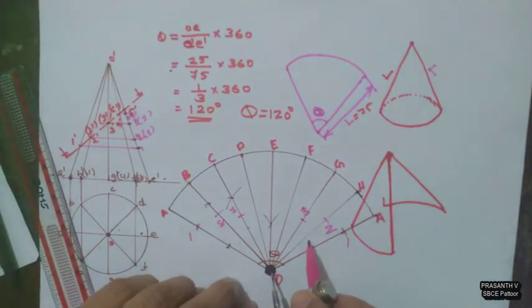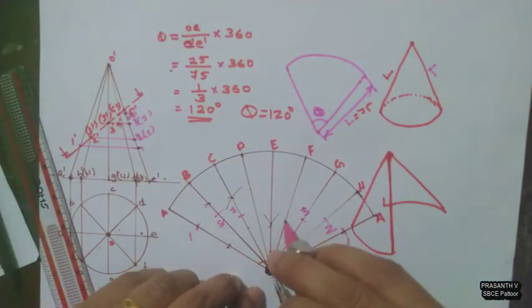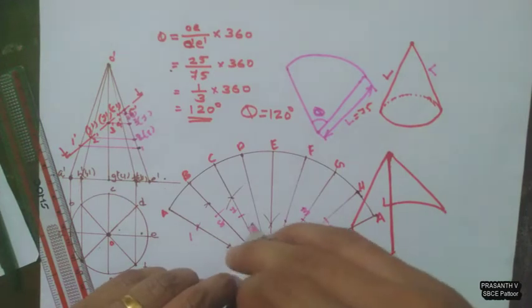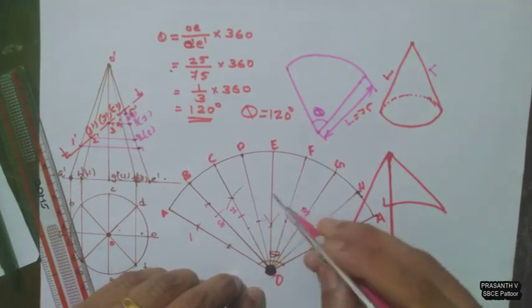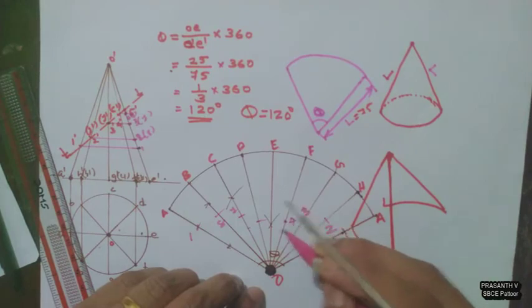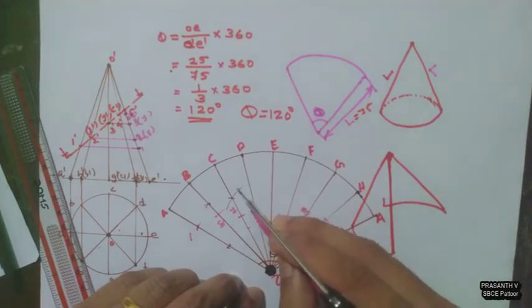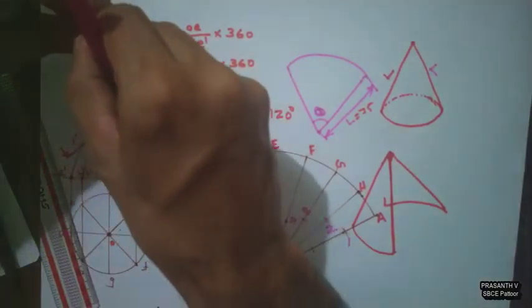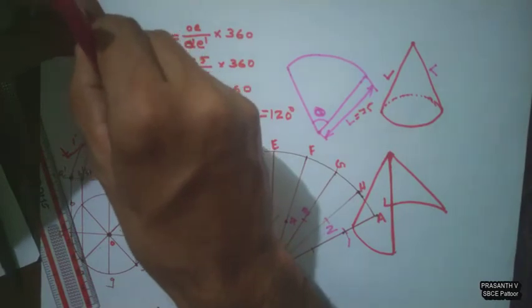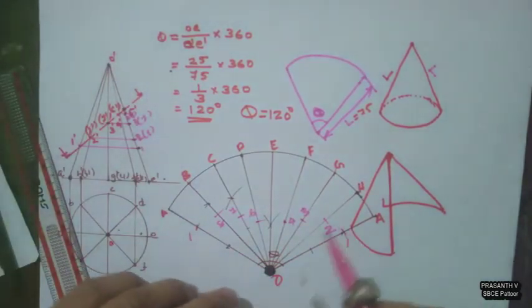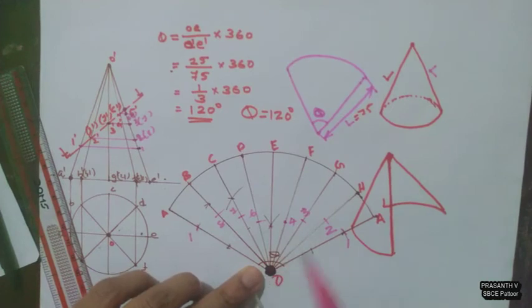Take the distance from O. This is 6, sorry. This is 4. Here it is 6. Now 5, exactly this point. No need to transfer it. This is 5.